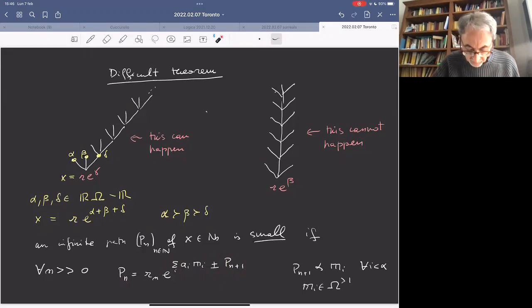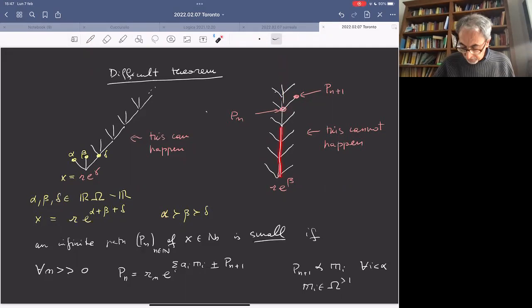So if this is Pn, say, Pn plus 1 is necessarily this one, if you want it to be small. So if you go straight, you are not following the smallest path.